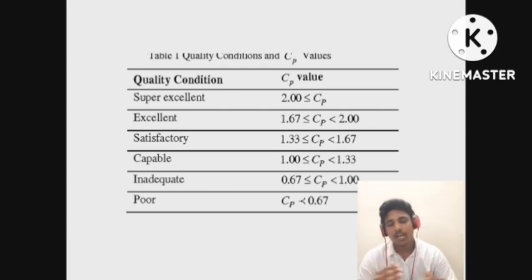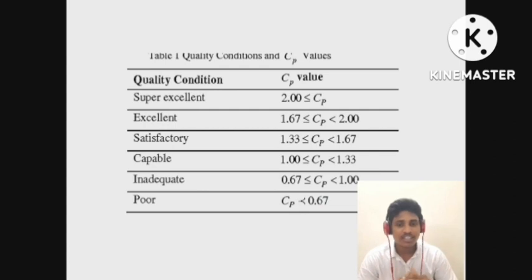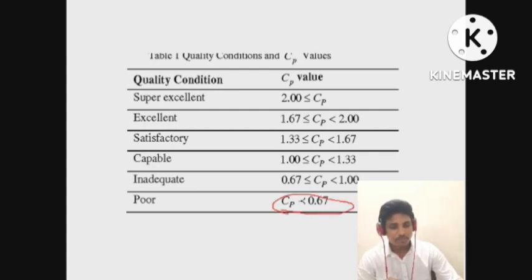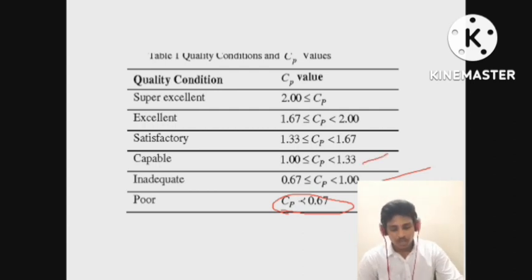After finding out the CP and CPK values, what do they really tell us? If our CP value is less than 0.67, the process is not capable and is a poor process. If the CP is between 0.67 and 1, the process is not capable and is inadequate.